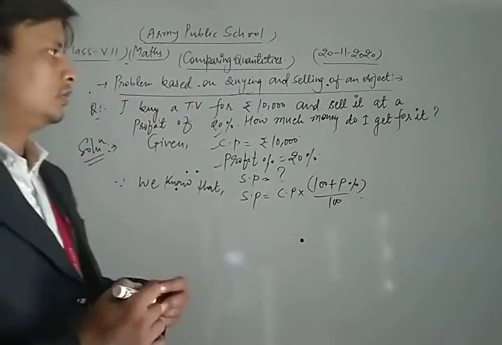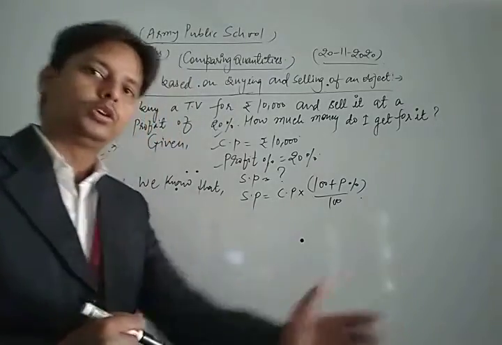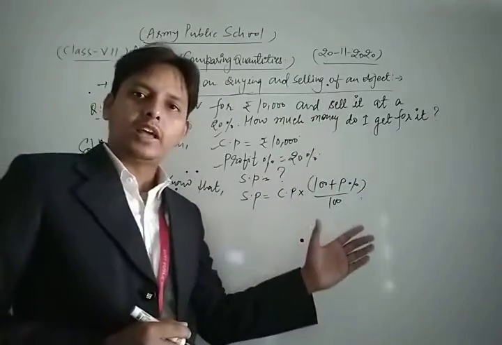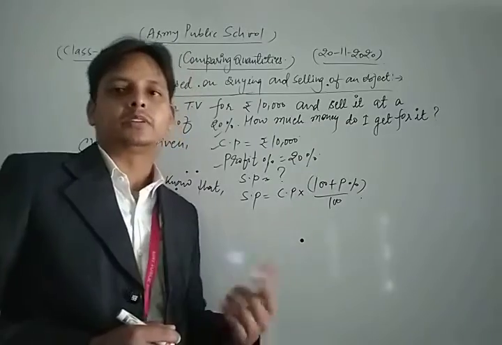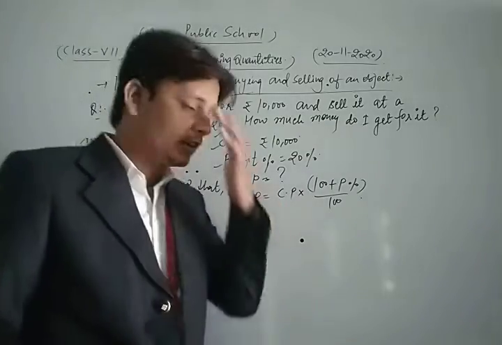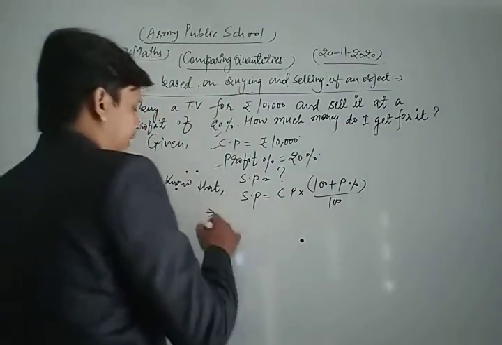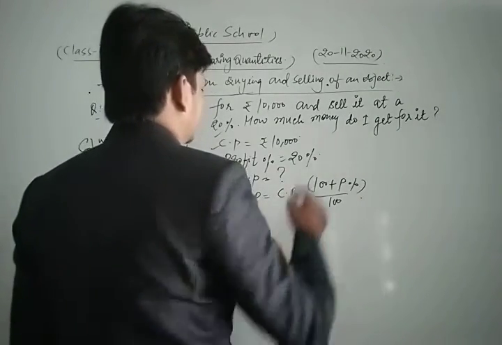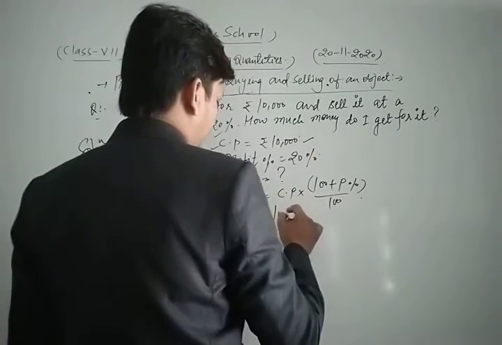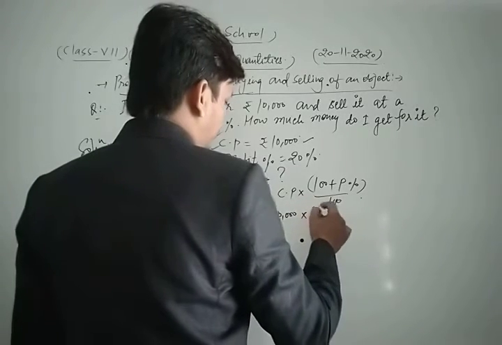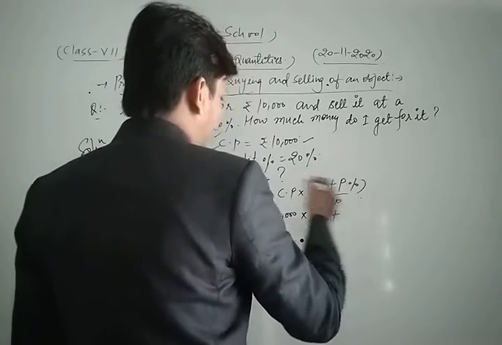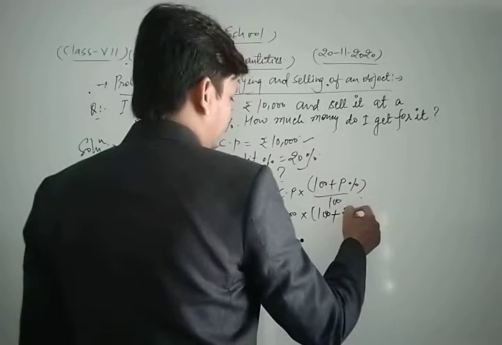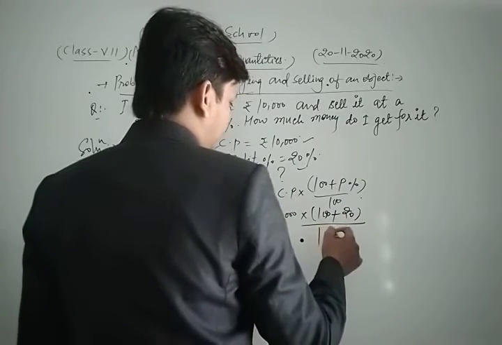Now, students, we put all the values in that formula, and after simplifying, we get our result. So selling price is equal to cost price, which is 10,000, into 100 plus profit percent, which is 20, upon this 100.